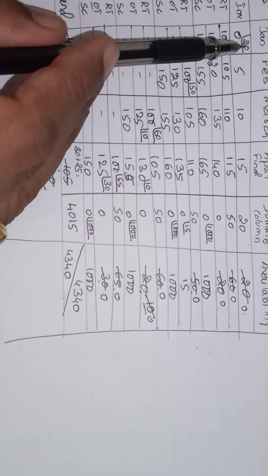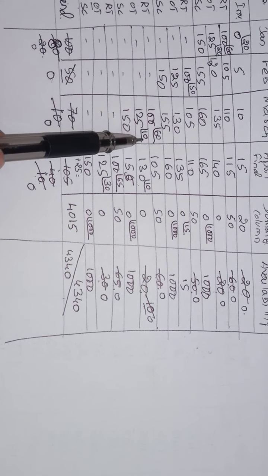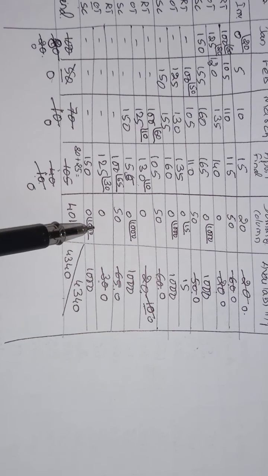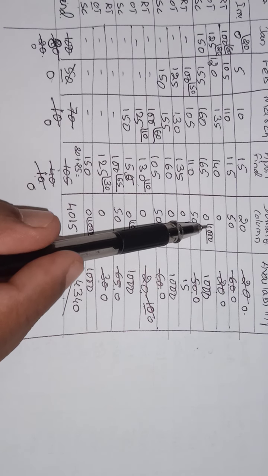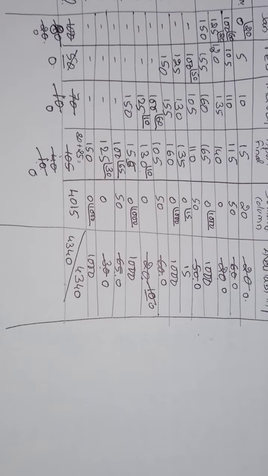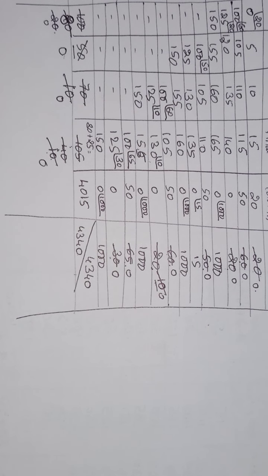Allocation means here 20, 60, 20, 50, right? 60, 10, 10, 65, right? 30, 65, 1000, 1000, 1000, 15,000. So multiply these allocations with that particular cost. Then you will easily get the total minimum cost for that particular problem.